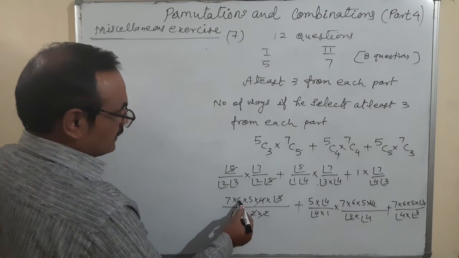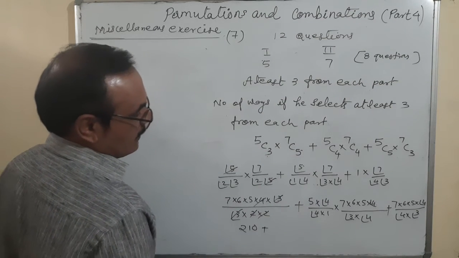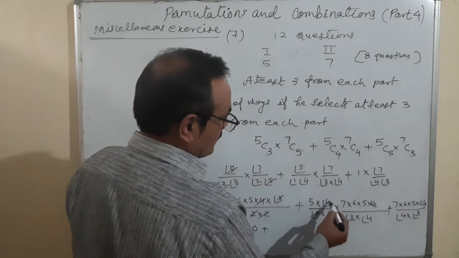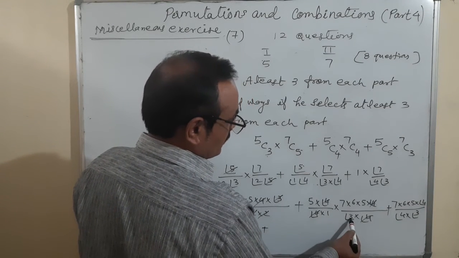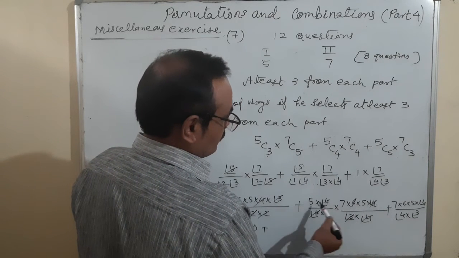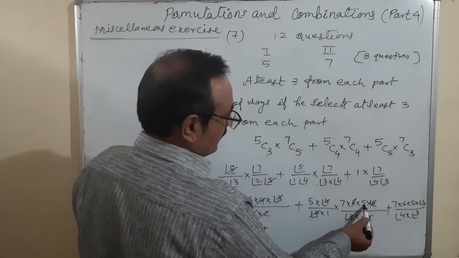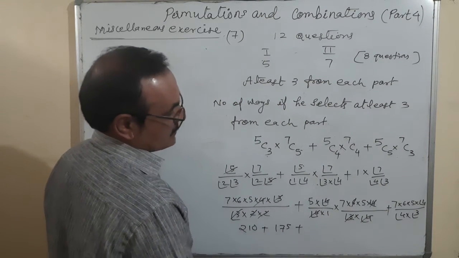6 5s are 30, 3 7s are 21, 210, plus. What is here? Factorial 4 cancels. Factorial 3, 3 2s are 6, will be cancelled. So 7 5s are 35, 5 5s are 25, and 25 7s are 175, plus.